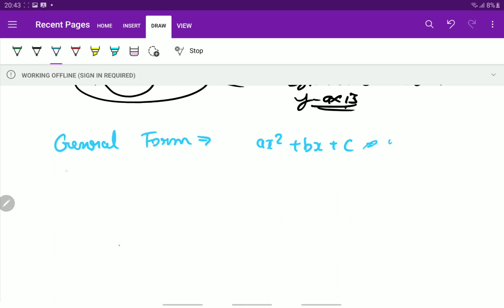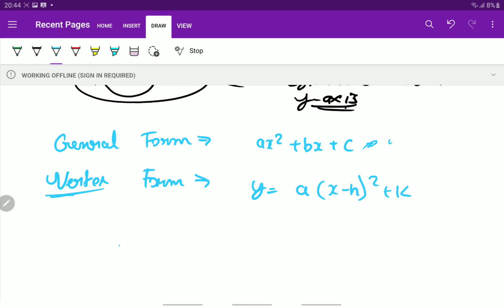Then there is the vertex form. This form is very useful when we're either given the vertex or we're asked to identify the vertex. So this form goes like y is equal to a(x minus h) all squared plus k.